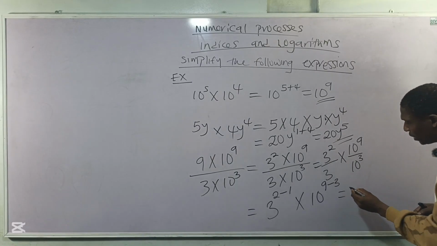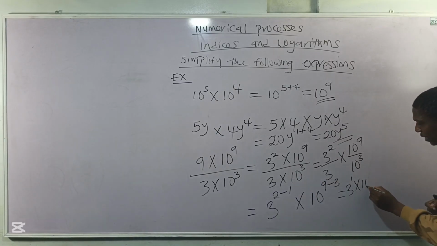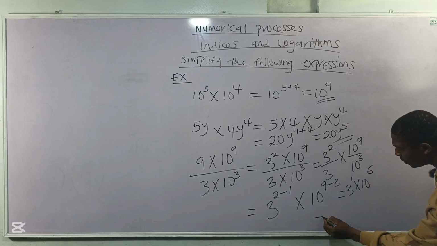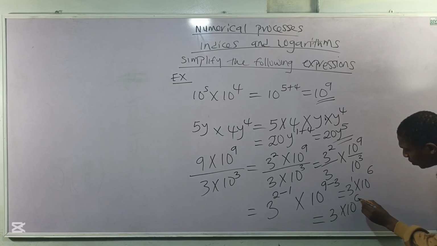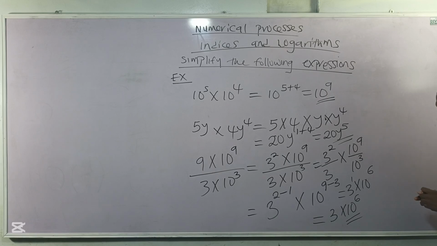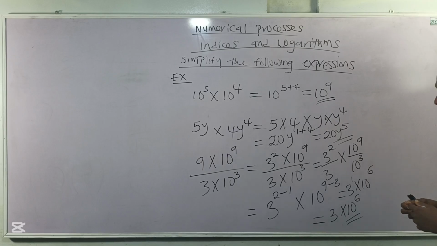This becomes 3 raised to power 1 times 10 raised to power 7, 9 minus 3, 6 rather. So this will simply give me 3 raised to power 1 is 3 times 10 raised to power 6. 10 raised to power 6 is simply 1 million. So if you choose to write like that, you can say 3 times 1 million to give you 3 million. But this is good enough.